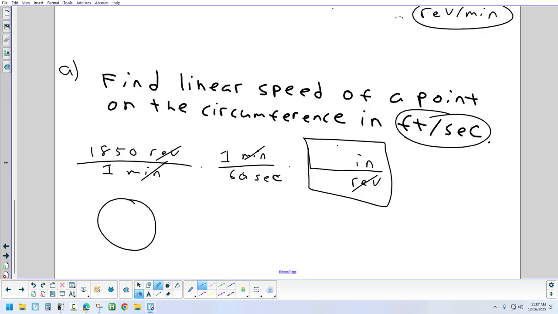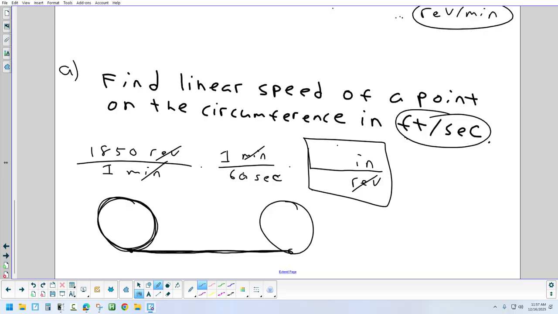Imagine you had a tire on the ground, and you mark that spot, and then you roll the tire one time until that spot is back on the ground again. If you measure how far the tire rolled, that's going to tell you the circumference. So we're converting a measurement going in a circle into a straight line measurement.